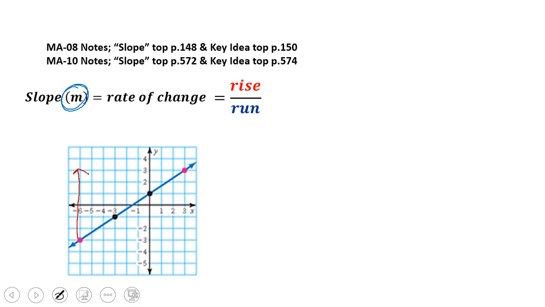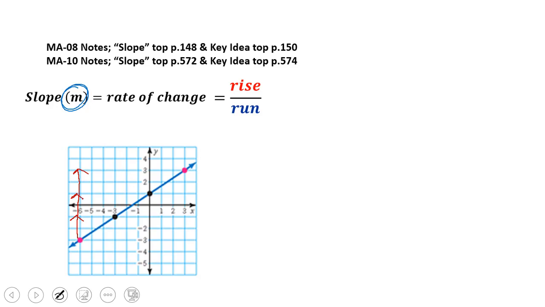Now, a graph is read the exact same way as we read words from a page in a book: from the left to the right. So we always start from a point on the left and we always go to a point on the right. It doesn't matter which one. I could have only gone up to here to do my run to the first black dot.